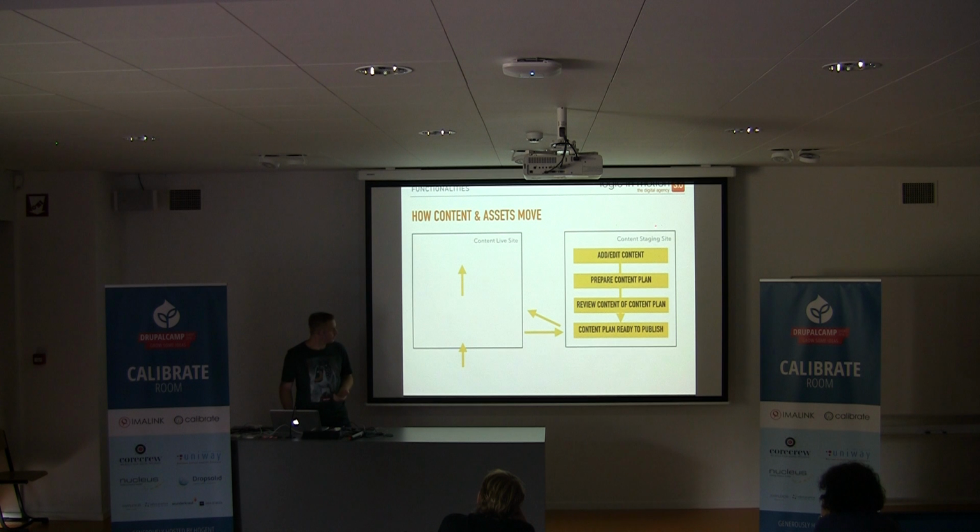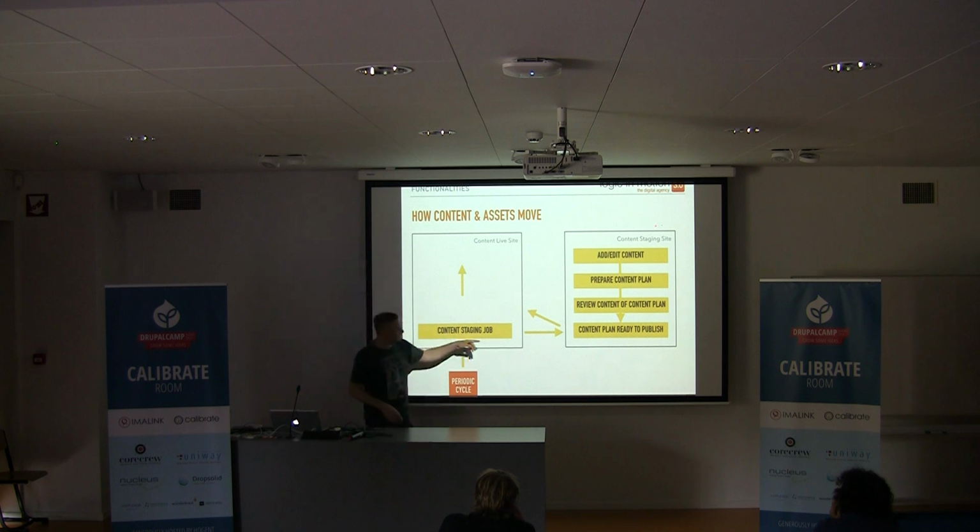From the moment it is ready to be published, it can be picked up by a cycle that runs and executes code from the other application. So it's a periodic cycle. Let's say every hour it checks: is there any content plan ready to publish? From the moment it gets some information, it starts pulling all the content and all the assets.